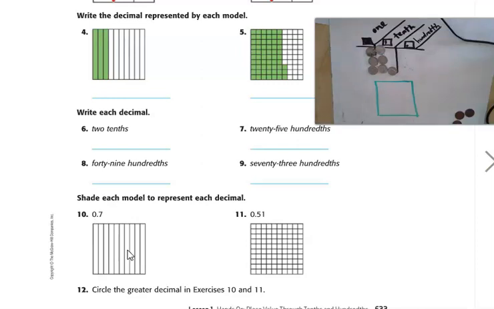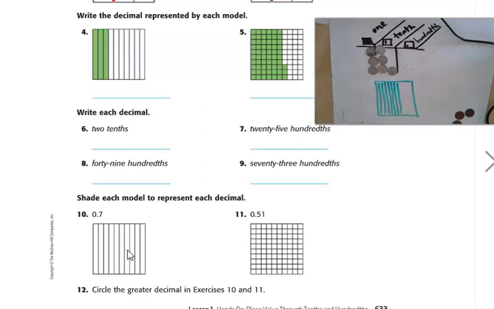Each row makes 1 dime or 1/10. So in order to show 7/10, how many bars would I need shaded? I would need 1 bar for each dime or 1 bar for each tenth, which hopefully you'll see.